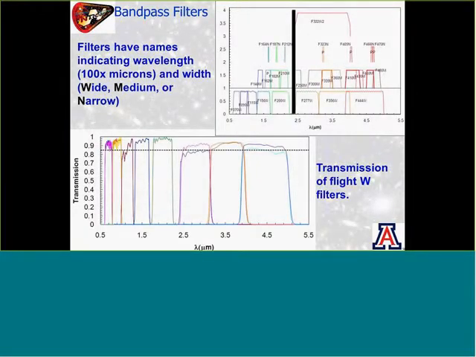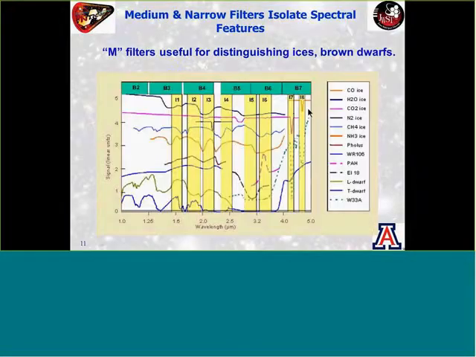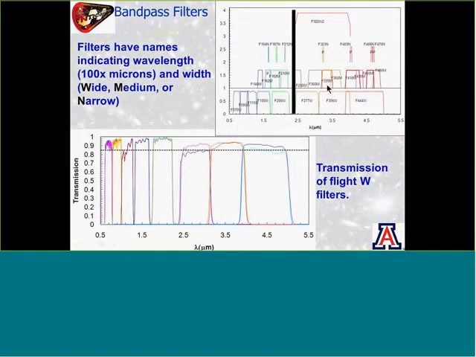The key of NIRCam is its collection of filters, and we have three types of filters. We have wide, medium, narrow, and the filters have names that indicate 100 times the central wavelength and whether it's wide, medium, or narrow. And in this graphic here, the black band is the dichroic deadband, and you can see the selection of filters.